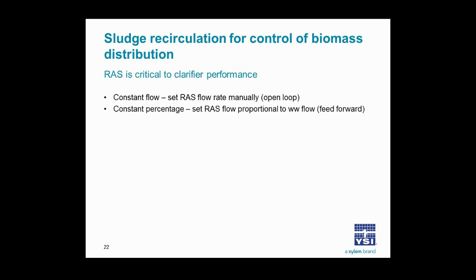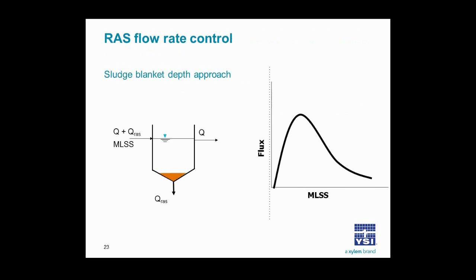I'm going to talk about one approach, the sludge blanket depth approach, and this diagram shows again a clarifier with the wastewater flow plus the RAS flow coming in and the RAS flow and the effluent flow going out. On the right-hand panel is a flux curve.